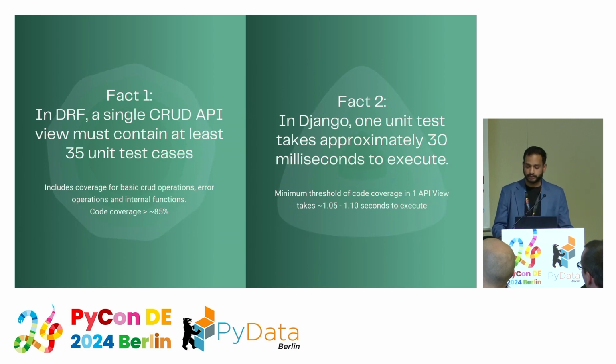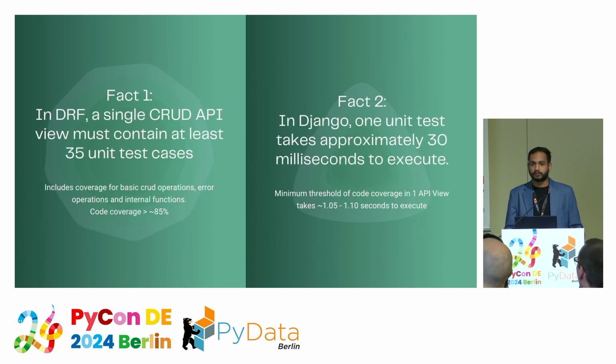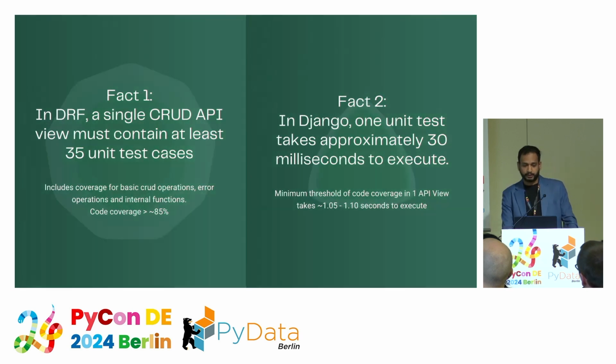And the other factual is, in Django, on average, one unit test takes about 30 milliseconds to execute. So if you execute one API view in unit test, it takes approximately 1 to 1.5 seconds to execute completely. And I'll build on that.